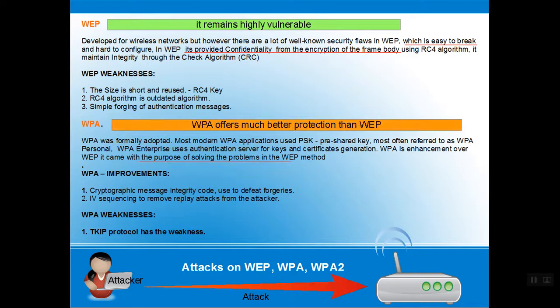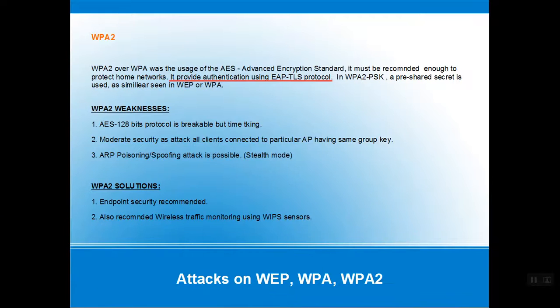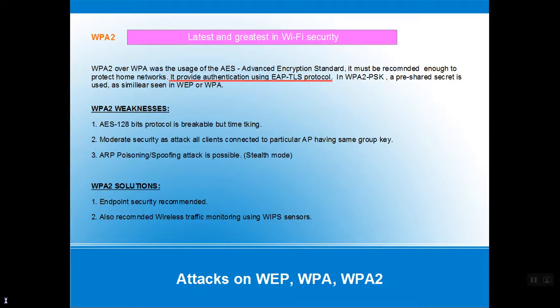The next one is WPA. WPA offers much better protection than WEP because it came with the purpose of solving the problems we had in the WEP method, and of course it has improvements over the weaknesses in WEP. The third one is WPA2. It is the most authenticated and provides authentication using the EAP-TLS protocol, and is the latest and greatest Wi-Fi security, better than WEP as well as WPA.